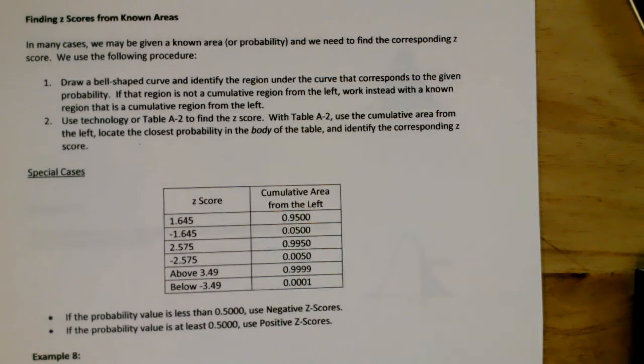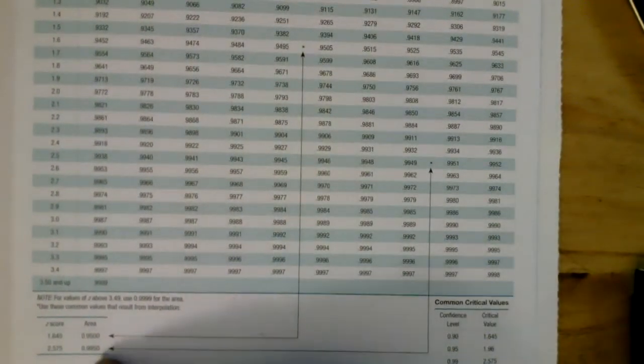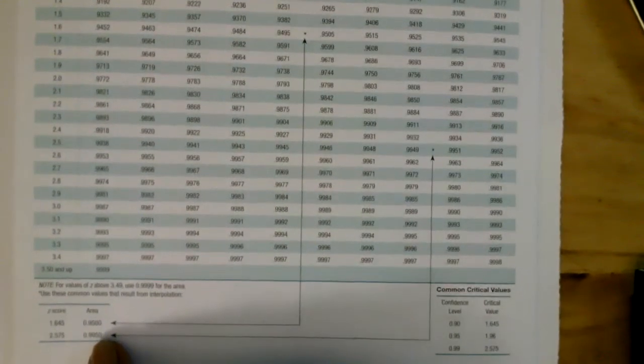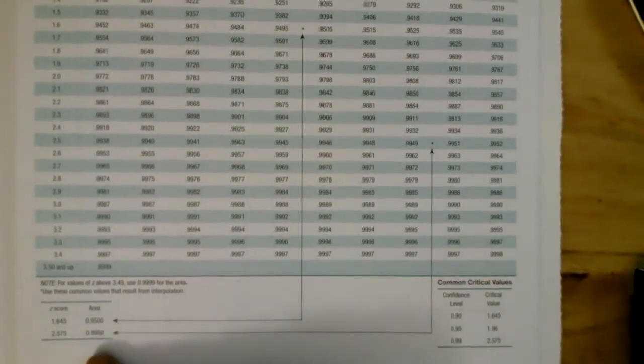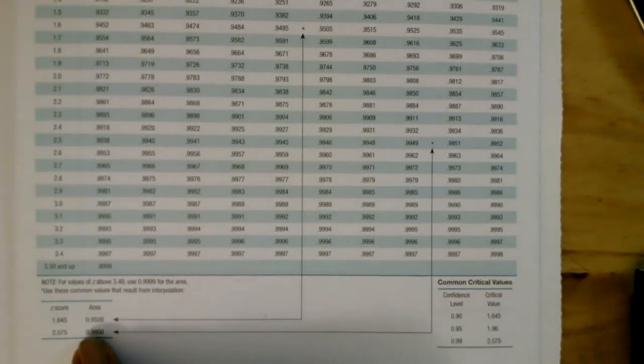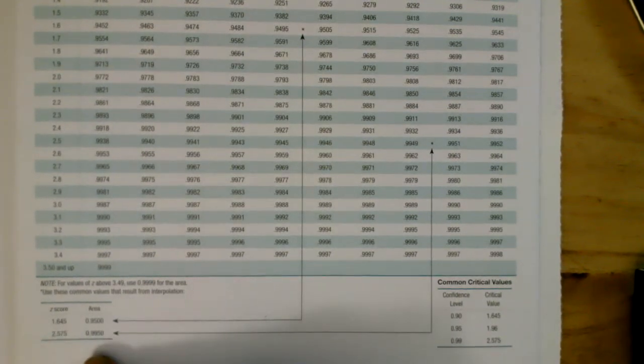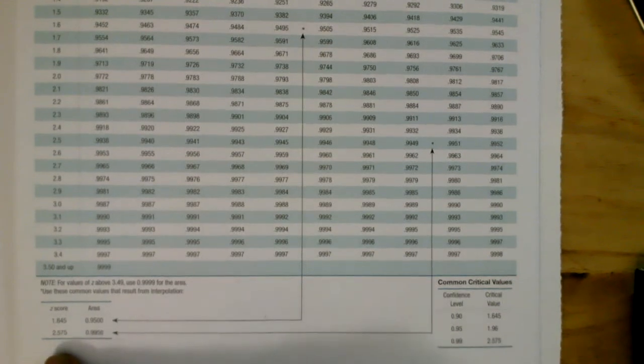And if you notice in this table A-2, somewhere in the middle, you'll see an asterisk. If you follow that asterisk all the way down to here, if you have an area of 0.9500, that z value will be 1.645, or 0.9950, then it's 2.575 for your z value.